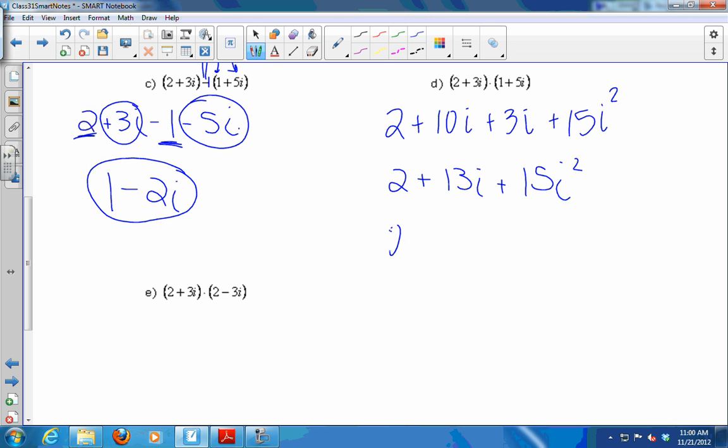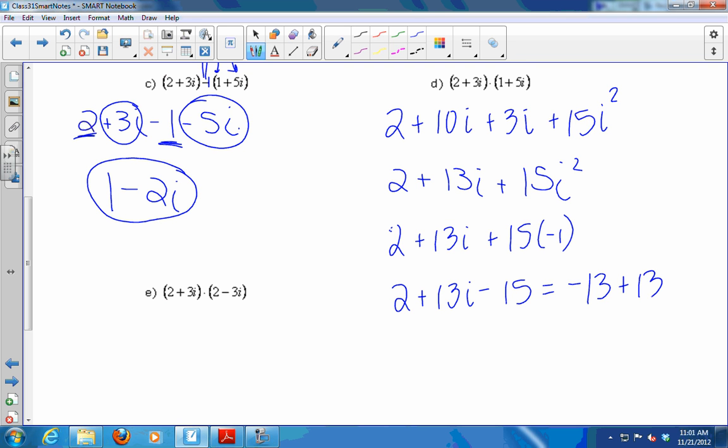So this is going to be 2 plus 13i plus 15 times -1, which is 2 plus 13i minus 15. And then combine like terms, 2 minus 15 is -13. So -13 plus 13i.